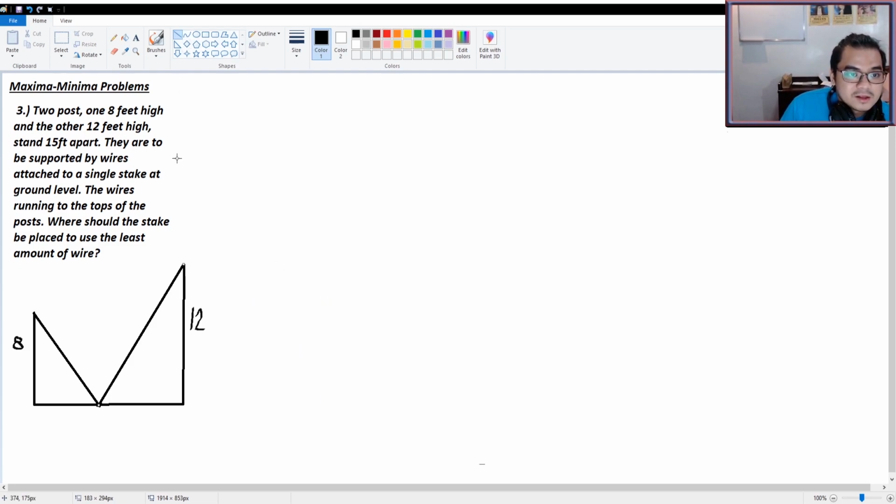And then remember that from here to here they are 15 feet apart. So this is 15. If this is 15 feet, we are looking for where the stake should be placed to use the least amount of wire.